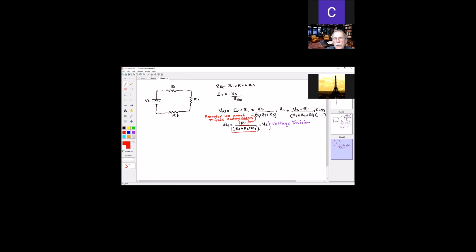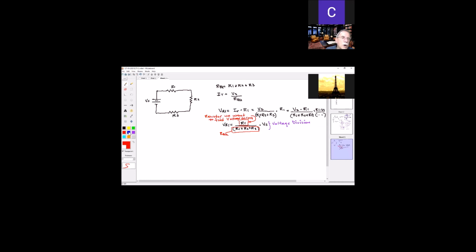In the denominator, we put the REQ as individual resistors, or if you already calculated it, you can just use it. And we multiply that times the supply voltage.